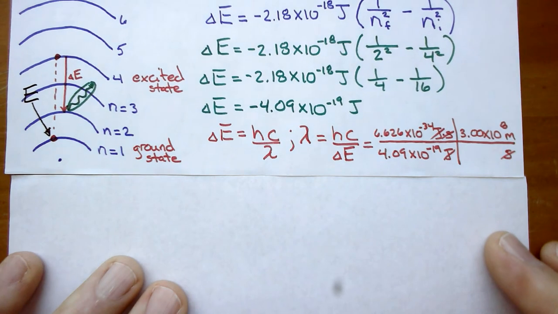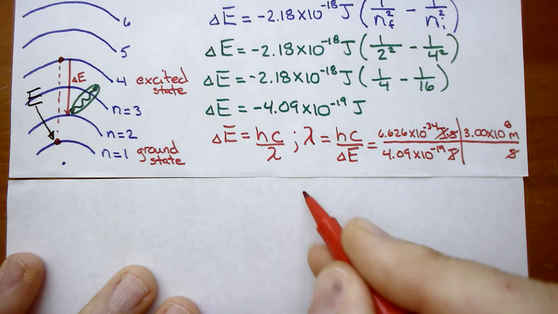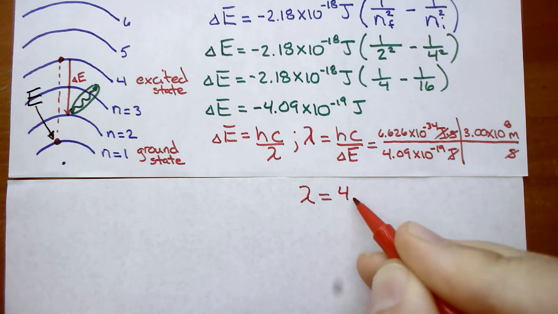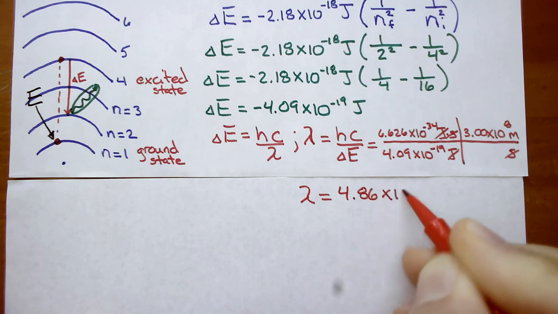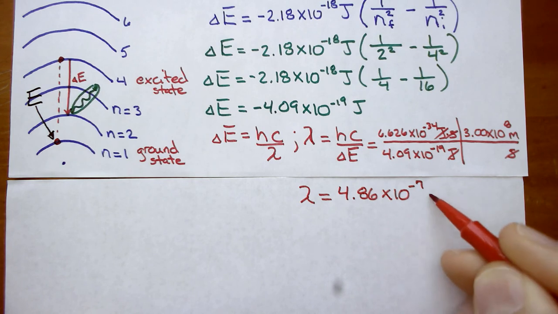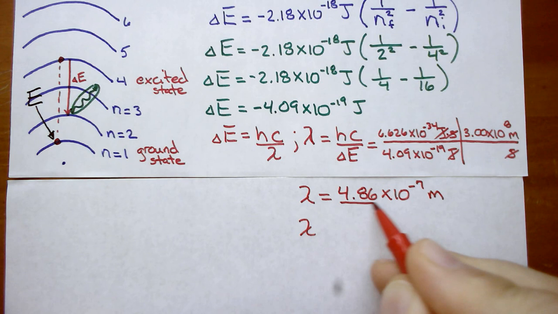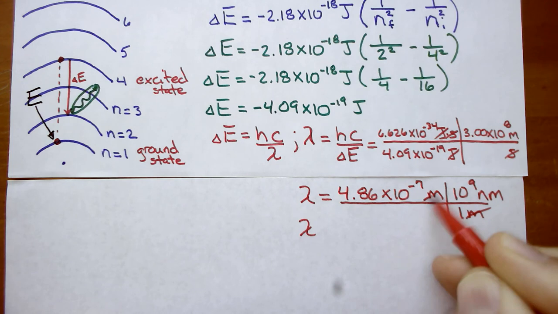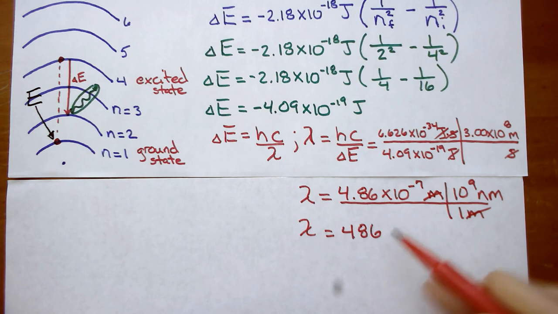So my wavelength here is equal to, and let me put it into the calculator, 6.626 E negative 34 times 3 E 8 divided by 4.09 E negative 19, enter, and that comes out to be 4.86 times 10 to the negative 7th meters, which when I convert that, remember 1 meter is 10 to the 9th nanometers, that'll come out to be 486 nanometers.